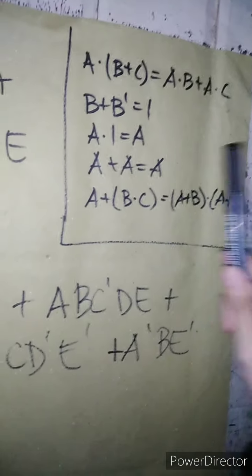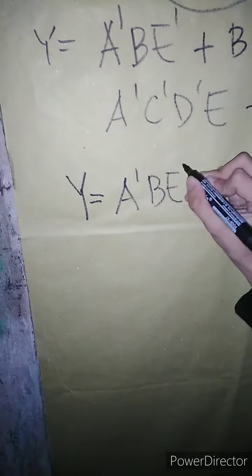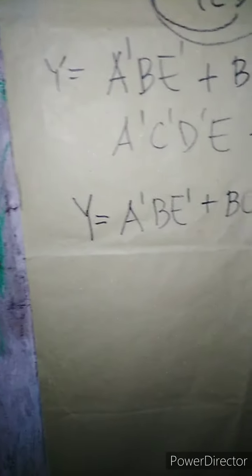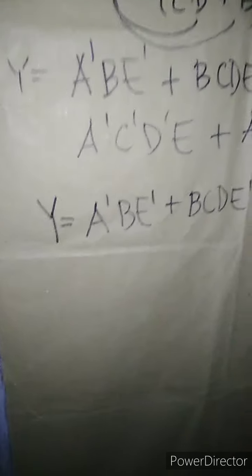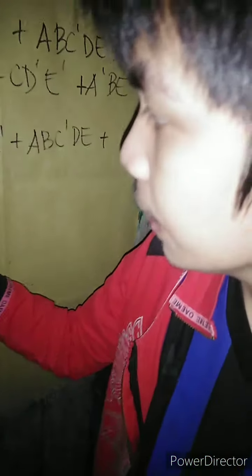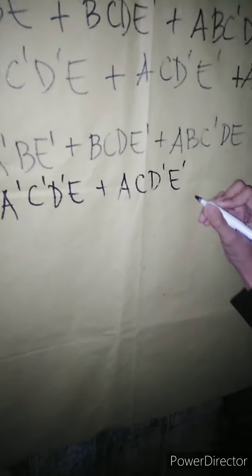And finally, these two are just similar terms, and we all know that A or A is equal to A, so we will have Y is equal to A prime, B, E prime, or B, C, D, E prime, or A, B, C prime, D, E, or A prime, C prime, D prime, E, or A, C, D prime, E prime, and that's it.